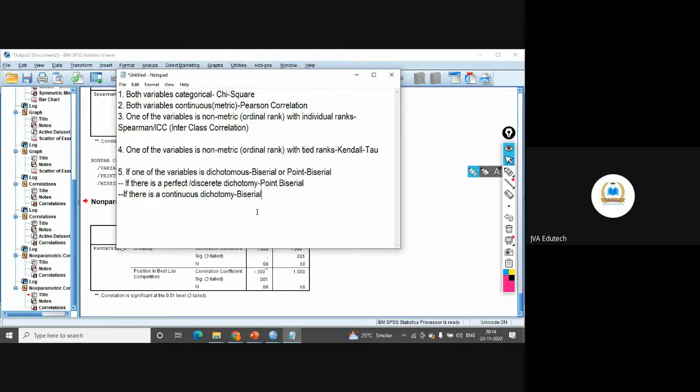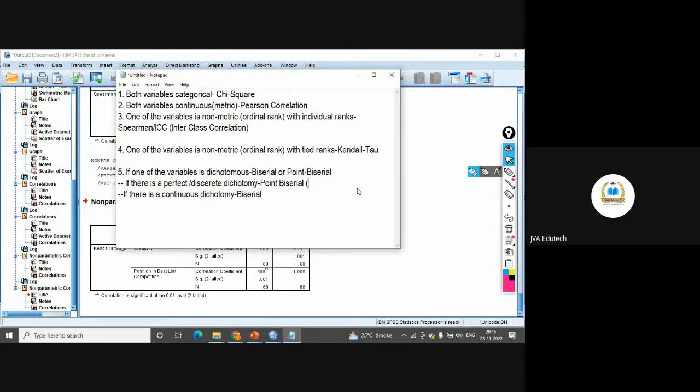So if there is a case of discrete dichotomy or perfect dichotomy, then we apply point biserial correlation. So first, there should be a dichotomy. One variable should be dichotomous, another one will be continuous. In that dichotomy, if there is a discrete dichotomy, then we use point biserial.